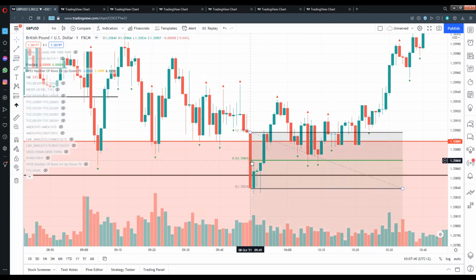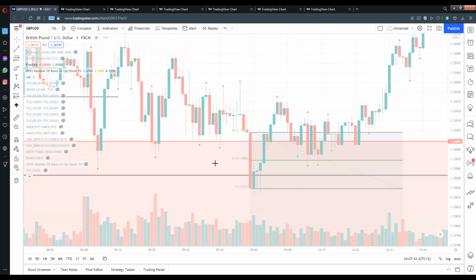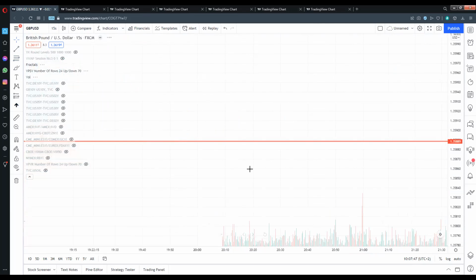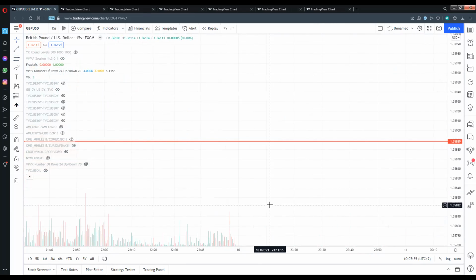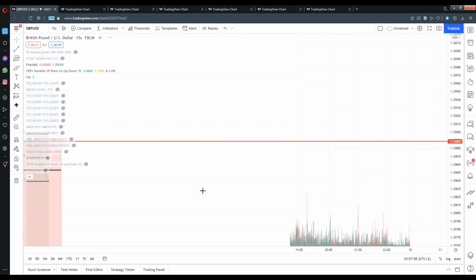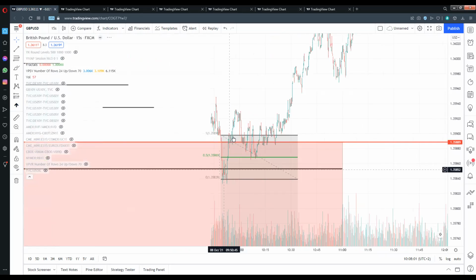The 50%. Yes. If we go down, just for the purpose, I will go down to the 15-second chart now, just to show you that price is in fact very fractal. I hope I can go back that far. Yeah, I can. So we have this type of balance area.